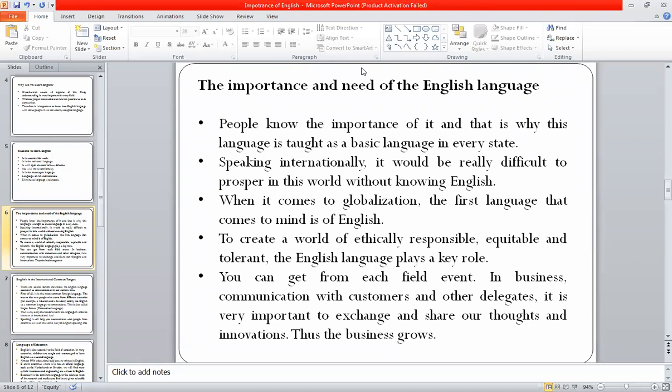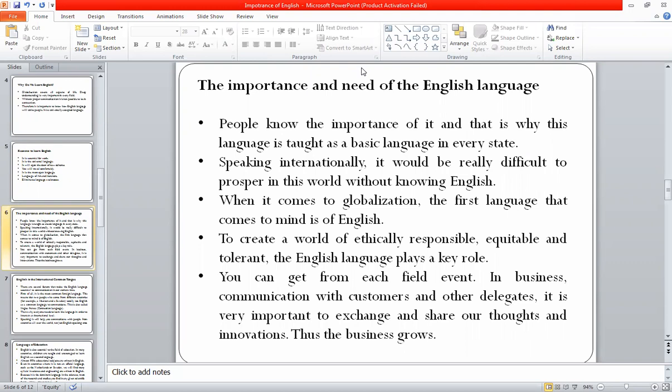And for getting the knowledge of and access to these qualities, it is very important to have the knowledge of English, so that after learning this language, we will start reading different types of books: autobiographies, novels, information technology books, and the innovations that are taking place in the world.